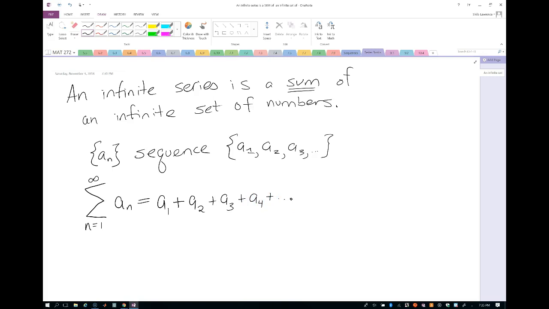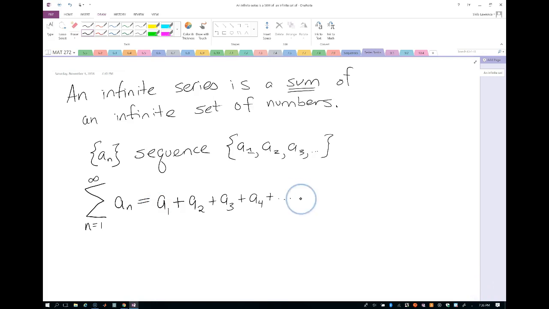So your first thought when you see this is we're just going to get infinity every time, but that's actually not true. It all depends on what's happening within that sequence a sub n. If those values are going to 0, it's possible that when we add all of them together, we will get a finite answer.